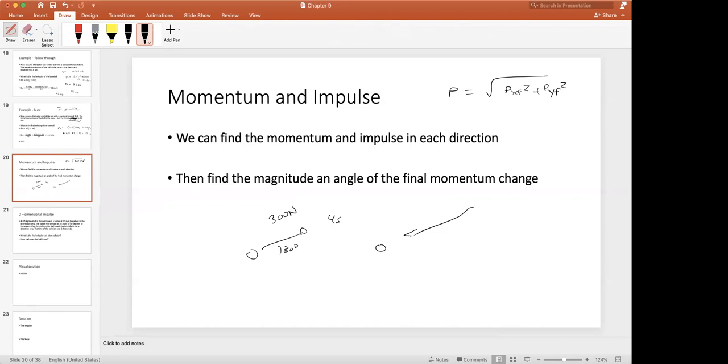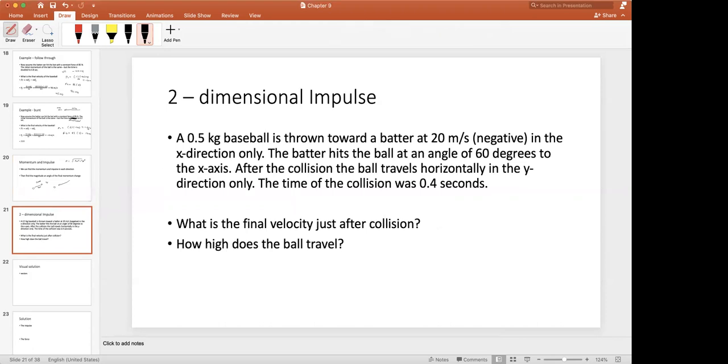What I do need to go over, however, is a kind of weird problem. And unfortunately, this is another baseball problem. But it's an interesting one. And if you understand it, you'll understand momentum. So again, we have a half kilogram baseball coming in at negative 20 meters per second to a batter.